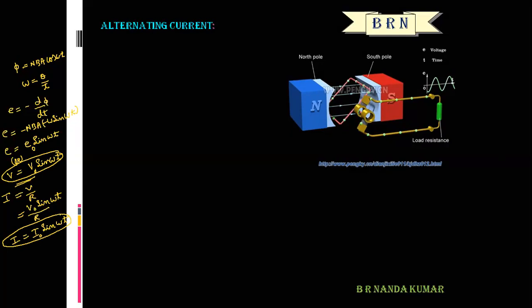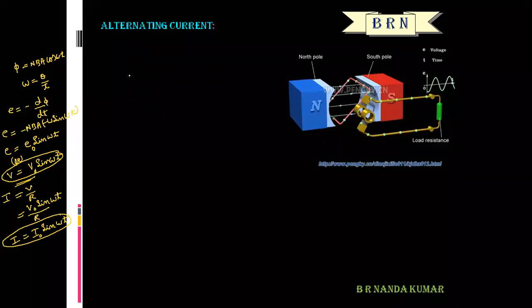Okay. So what is the meaning of instantaneous voltage? It is the alternating voltage at any instant of time. Instantaneous alternating current means the alternating current at any instant of time. So at different time intervals, what is the value of current and voltage? That is very important.